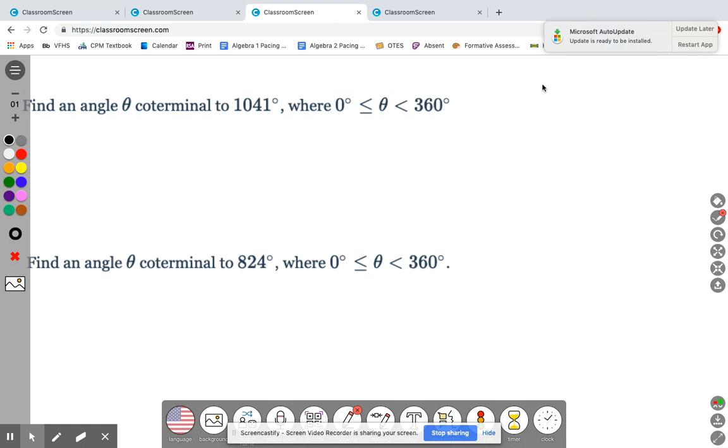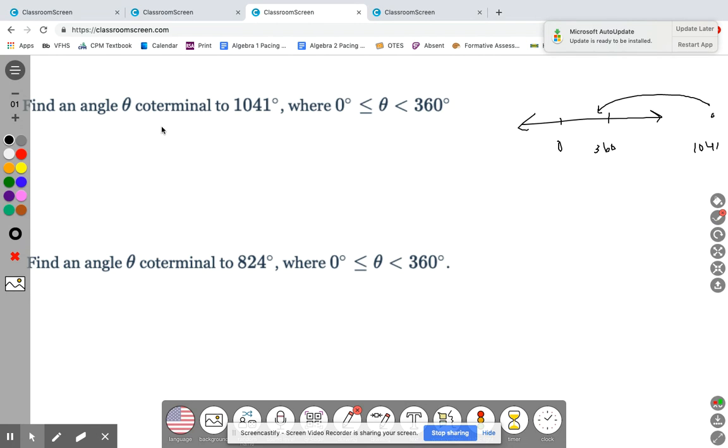And right now, if we're thinking about a number line, and we have 0 here, 360 here, we're way out over here at 1041. So we want to go back and subtract until we get in between these values.